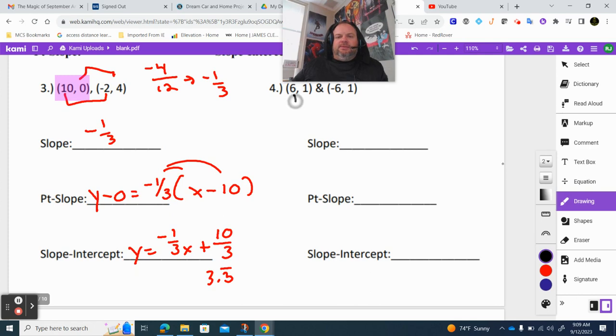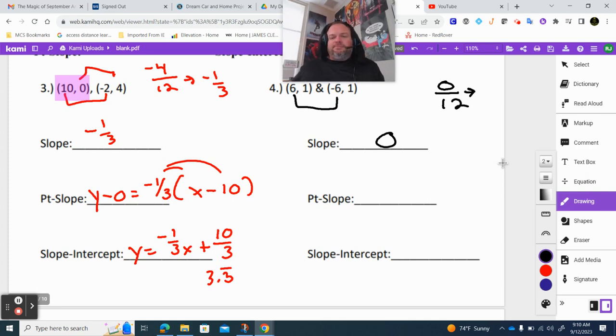All right, so these two on the bottom, so I should have 12. 1 minus 1, 0. All right, so what's your slope for number 4? 0. Okay, which makes things a little bit more fun.